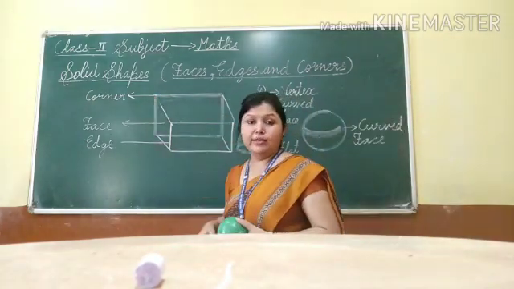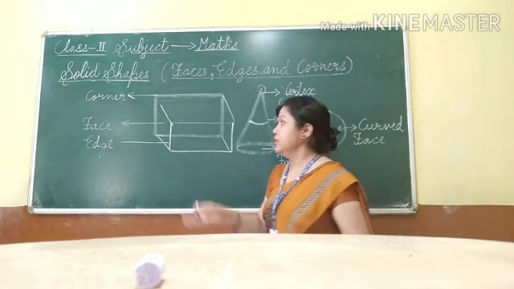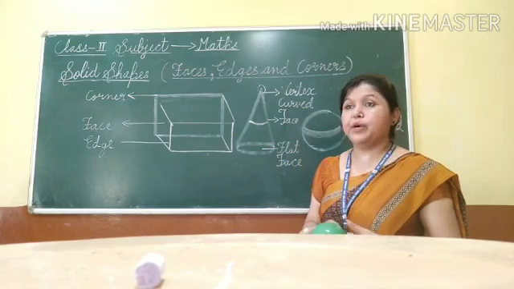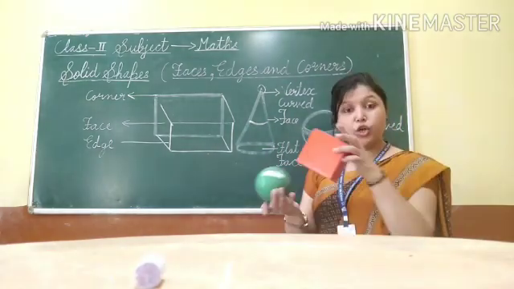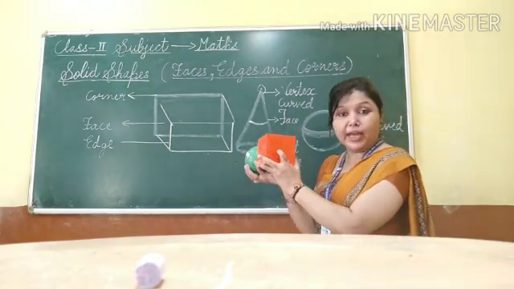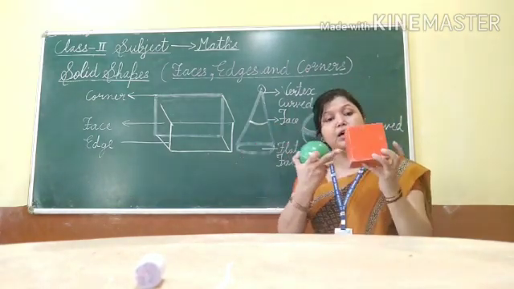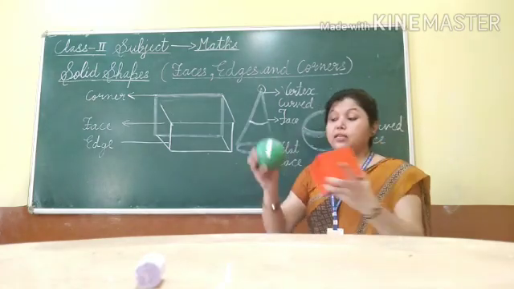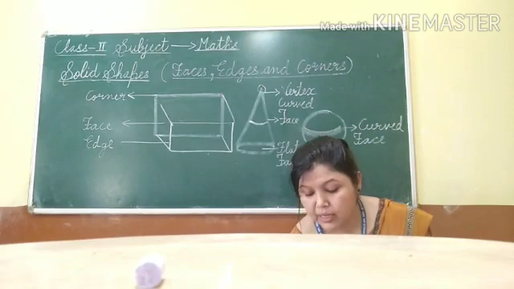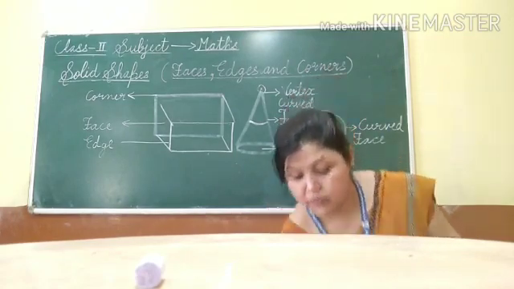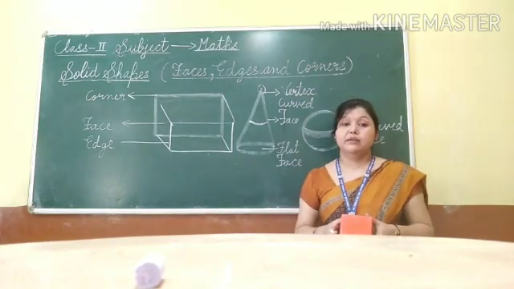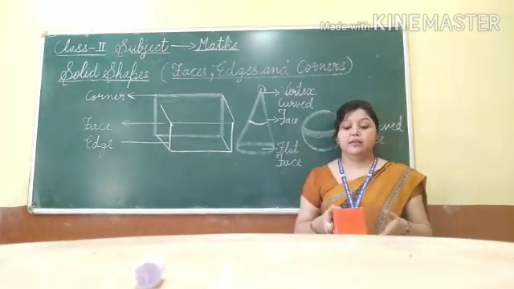When two lines are joined, these are corners and sides in a flat shape, but in a solid shape these portions are known as faces.